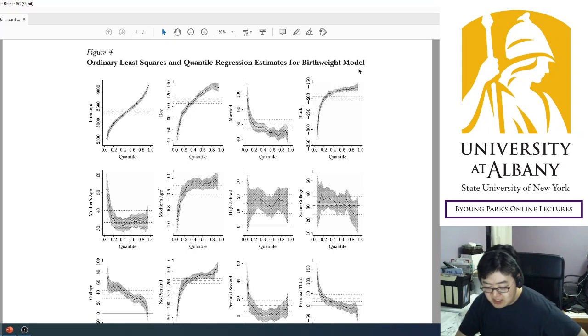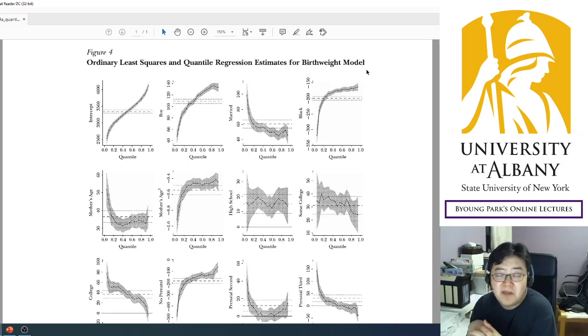Birth weight is an important health measure for newborn babies. The heavier, the healthier, right? There have been a lot of studies about the important factors in the birth weight model.